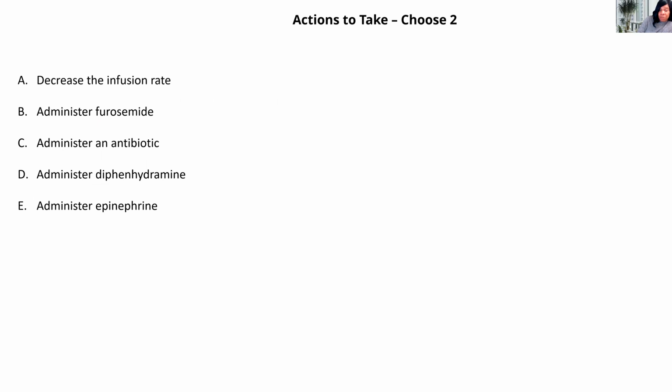Would we be administering furosemide? An antibiotic? Diphenhydramine? Or epinephrine? You need to look at those drugs or orders and ask yourself, why would this be the correct action to take? What can you eliminate now with the information you've been provided with?